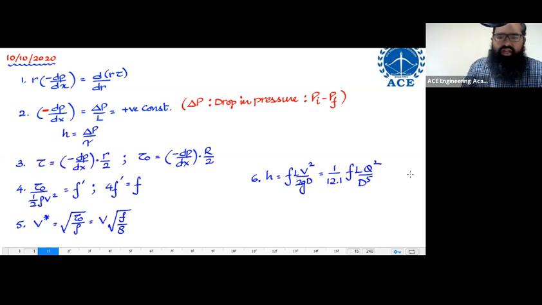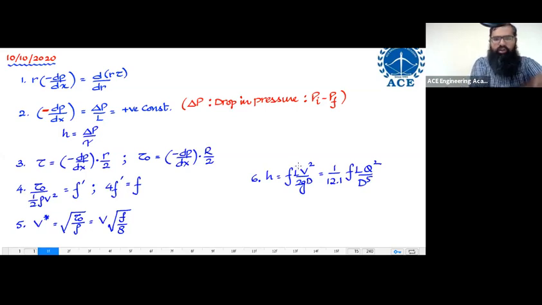Again, the value of f here is the Darcy friction factor. Some people have a habit of writing it as 4f. It is the same; you write 4f, the same value I am writing as f.